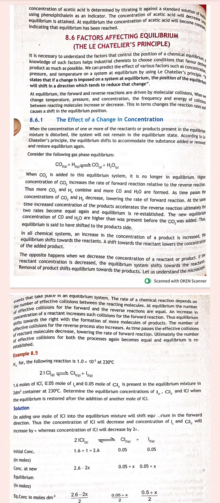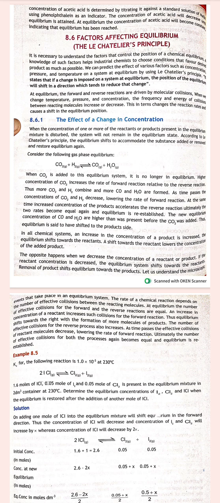So if the change is happening in the reactants, the position of the equilibrium will shift into the direction that tends to reduce that change. At equilibrium, the forward and reverse reactions are driven by molecular collisions. When we change temperature, pressure and concentration, the frequency and the energy of collisions between reacting molecules increase or decrease.